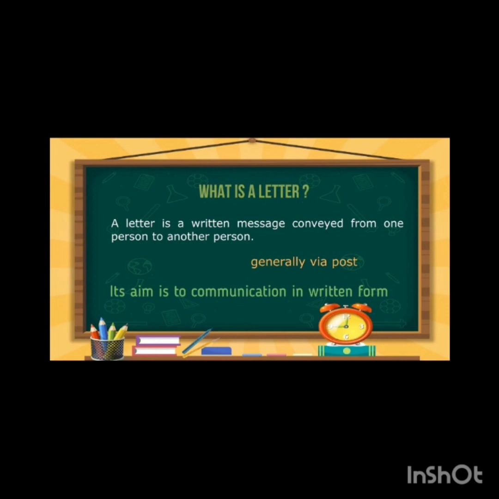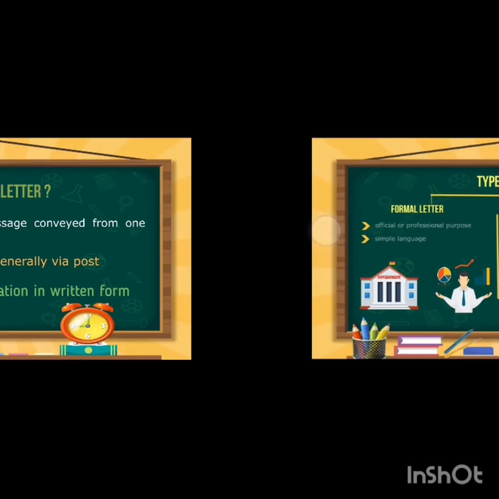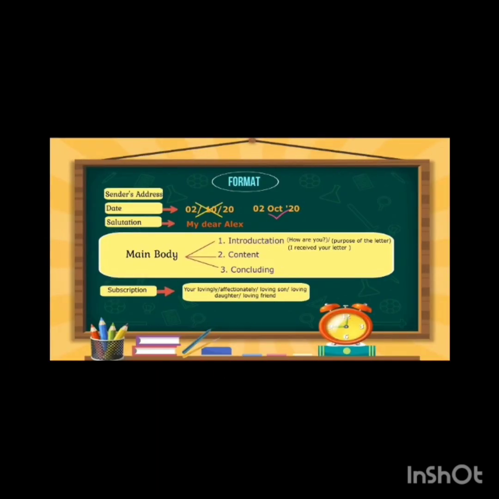A letter is a written message conveyed from one person to another person. We can send the letter through post. So, while writing the informal letter, what do we have to see? First, we have to write the sender's address, that means our address, then the date.